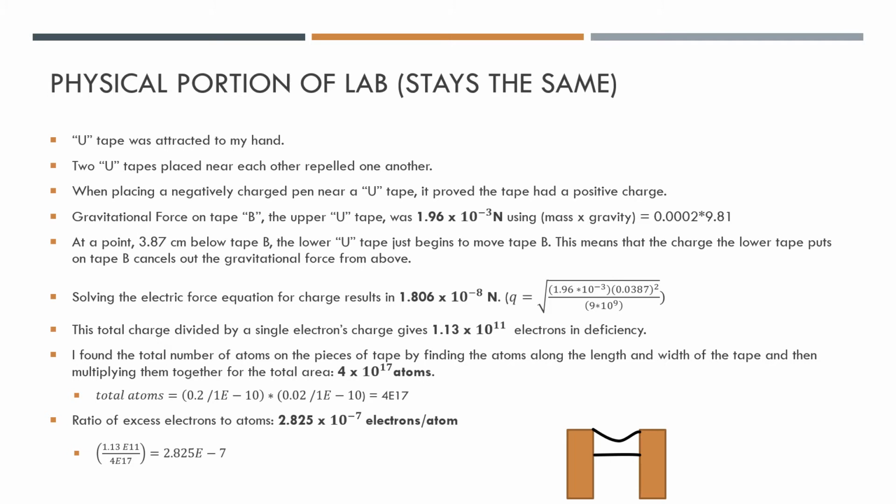Then I found the total number of atoms on the piece of tape by finding the length and width of the tape and multiplying by an atom constant, which was 1 e to the negative 10 per meter. And the ratio of excess electrons to atoms was just the total electrons in deficiency divided by the total atoms on the tape.